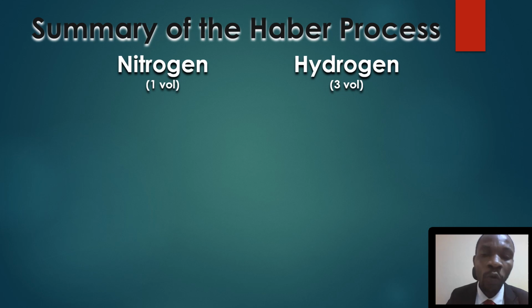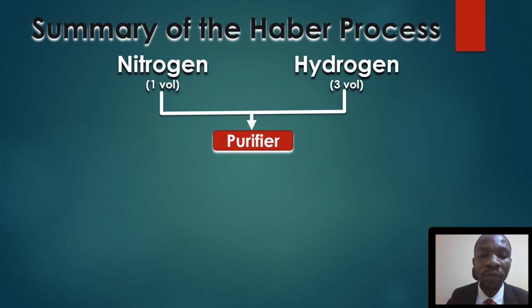So what do we do? We first remove the impurities by passing this gaseous mixture through a purifier. The purifier will remove sulfur dioxide, carbon dioxide, and dust particles, which are the impurities. Why should we remove them at this stage? Because they can easily poison the catalyst.